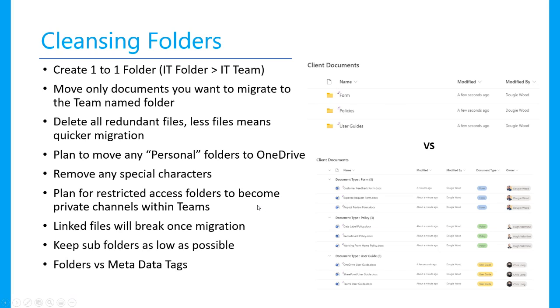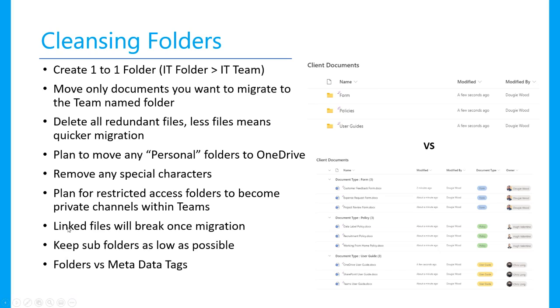You want to be planning those to be private channels within your team. That means not only do you get that area for restricted and private files, but you also get a private chat to go along with it. So if there are any conversations that need to happen around, say, payroll, you can have those conversations in one place rather than trying to break the conversations out into a separate private chat.